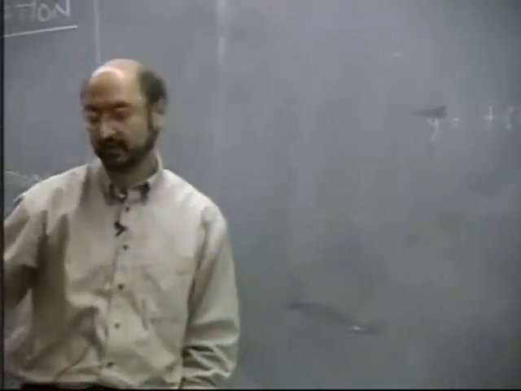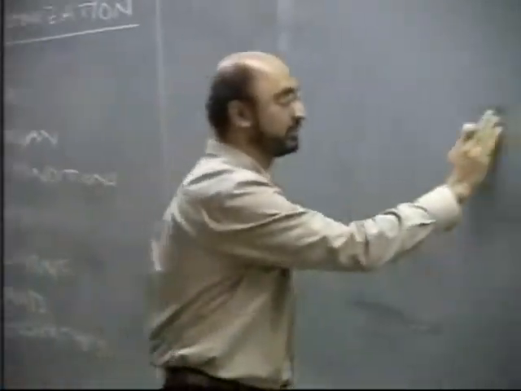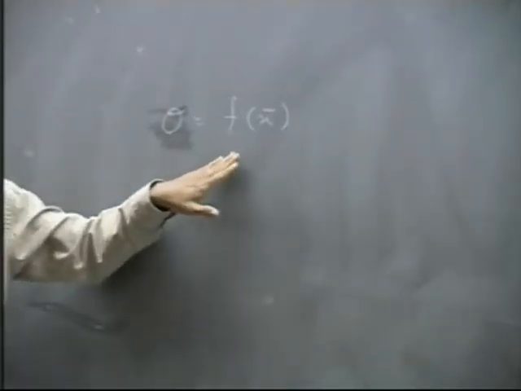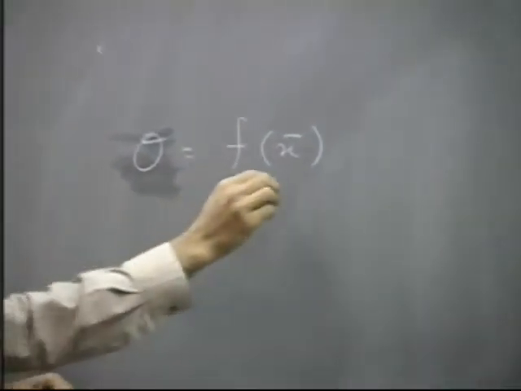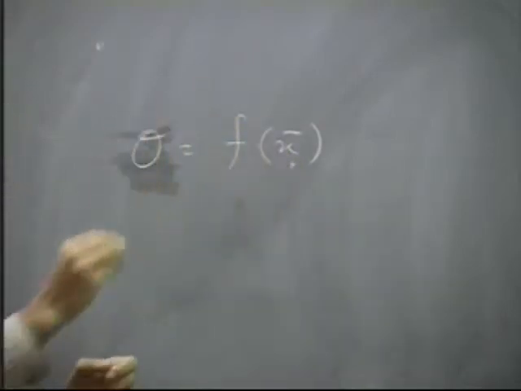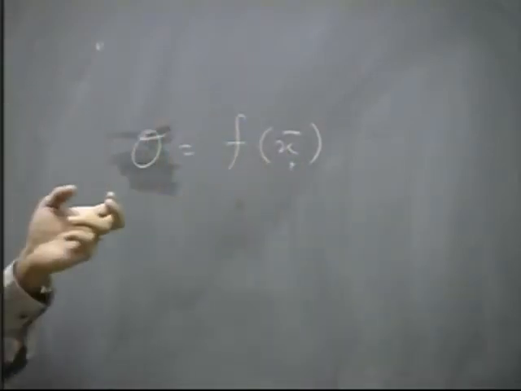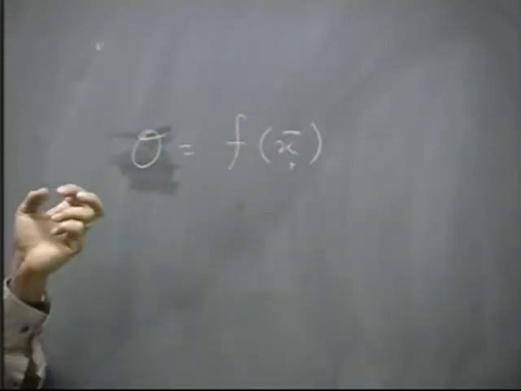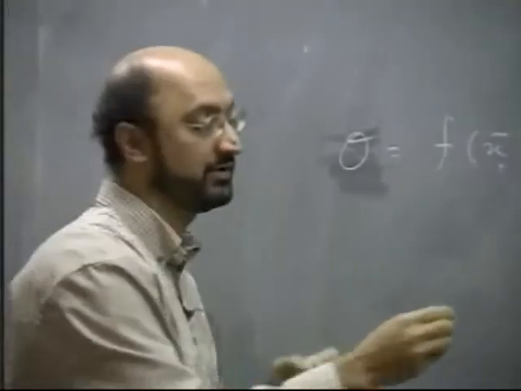This is the objective function. Maybe I should just call it O equals f(x). And the nice thing is that because f is linear, a small change in a component of x causes a small change in the optimal value over here in the objective function.